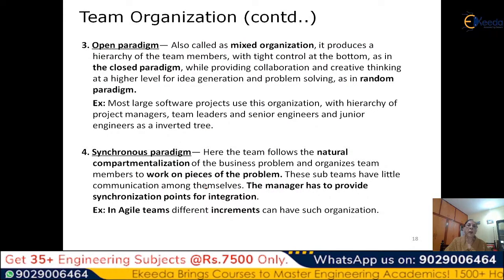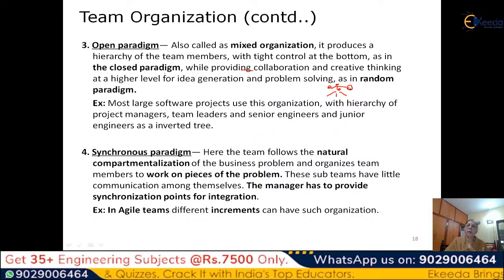Next we come to the open paradigm, which is a mix of the previous two. It is a mixed organization. Here you have something that is like the closed paradigm and something which is like the random paradigm. The bottom is closed, but at the top it is random.